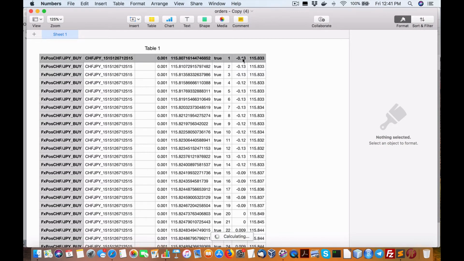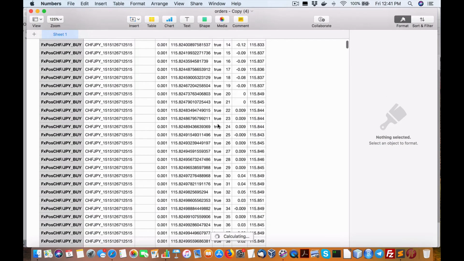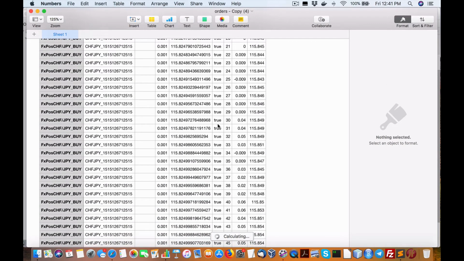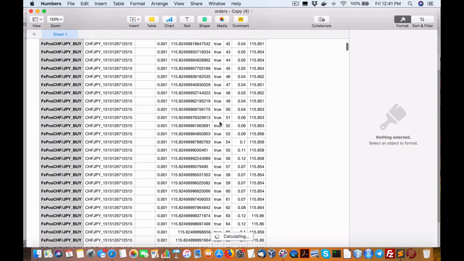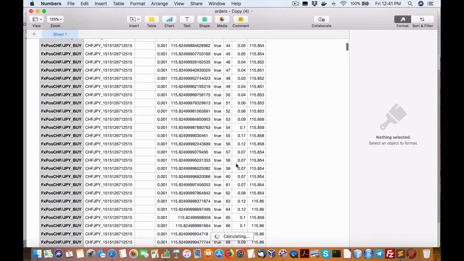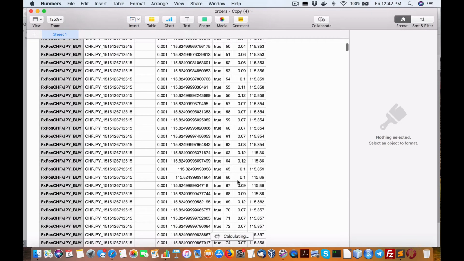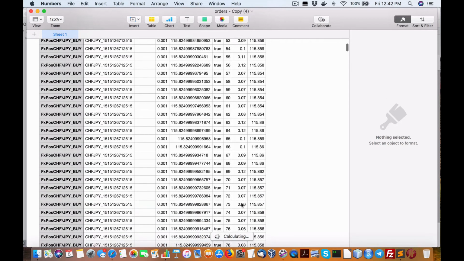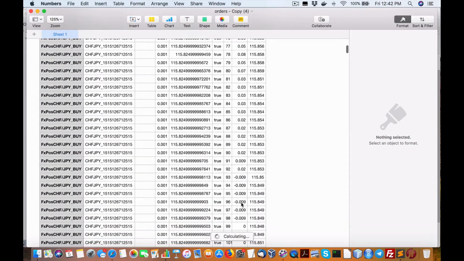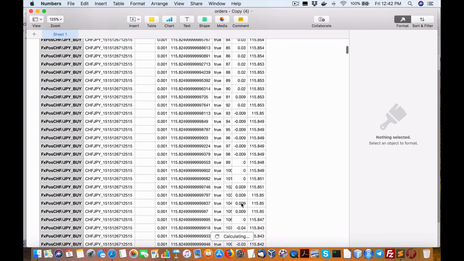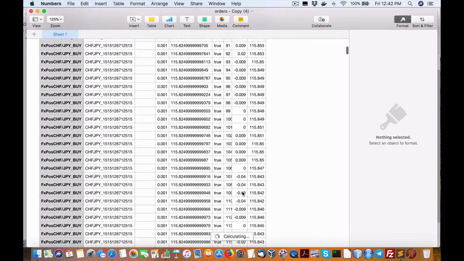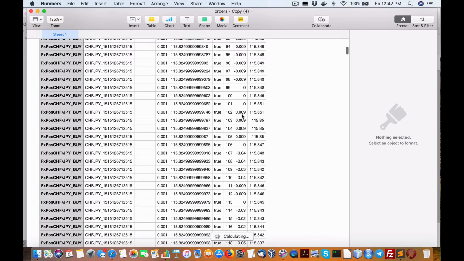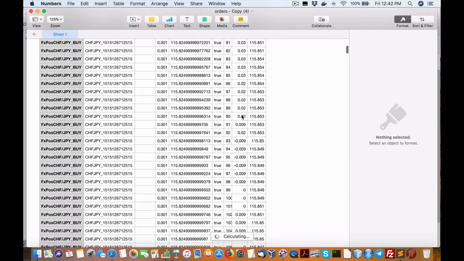Okay, so here we are at negative 13 cents. And let's see how bad this trade was. You can see it finally got profitable at 12 cents, 69 bars in. Let's see here, 100. So it was profitable.